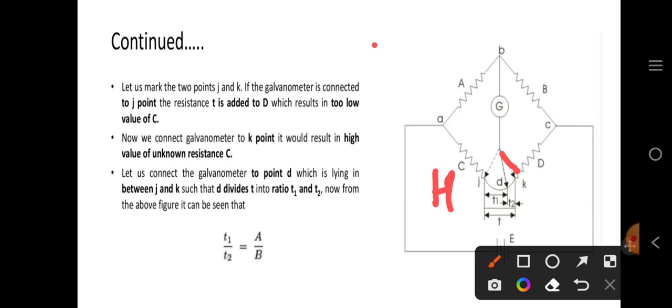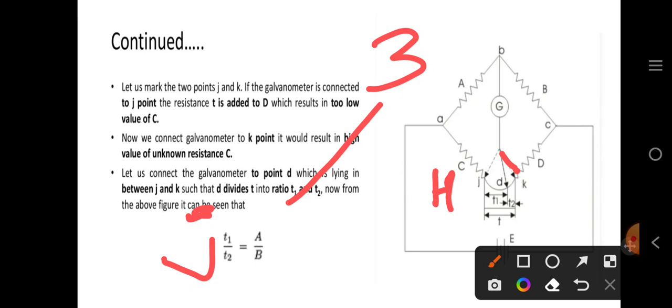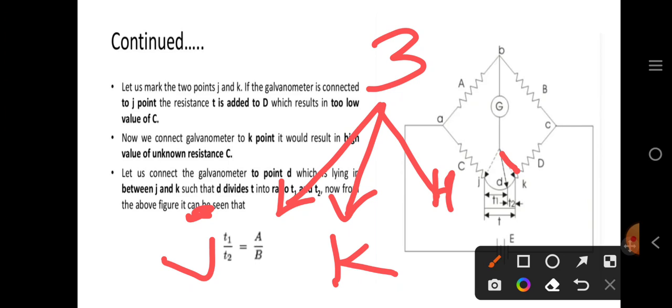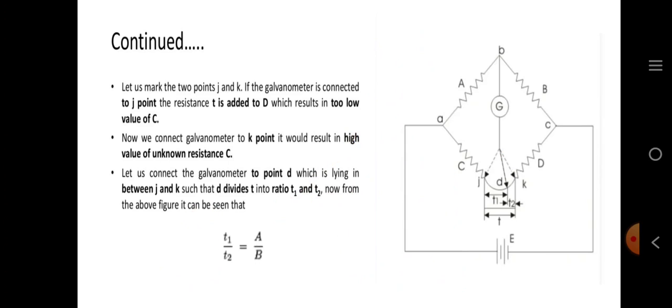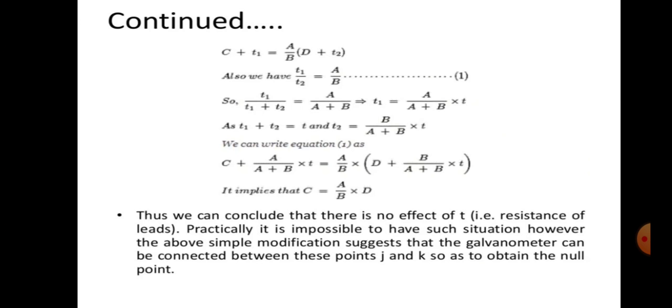Now in this, three conditions are there. If we connect the pointer at J, the resistance will become low. If we connect it at K, then the resistance will become high. But if you want the resistance to be not high and not low, then you have to connect the galvanometer at D. If you connect it at D, it will divide the T into two parts, T1 and T2, and this is the requirement of our circuit.